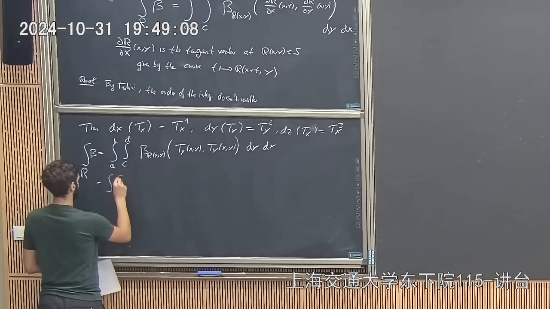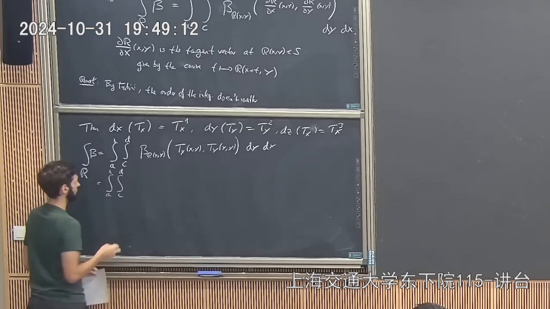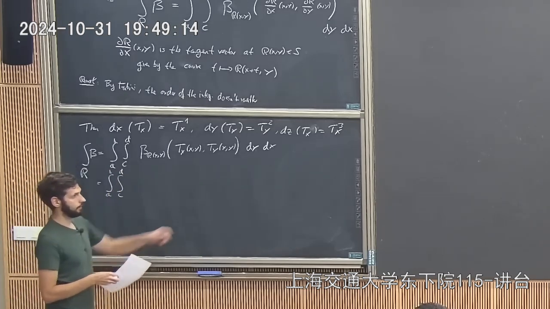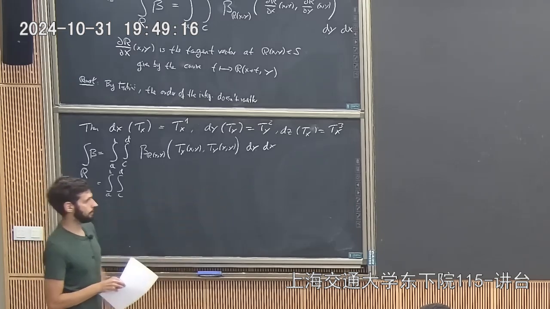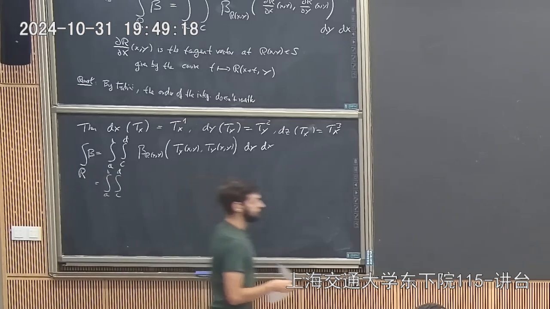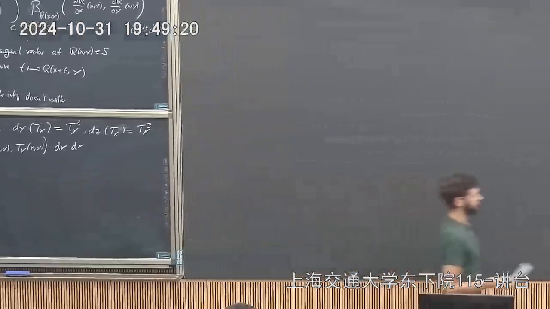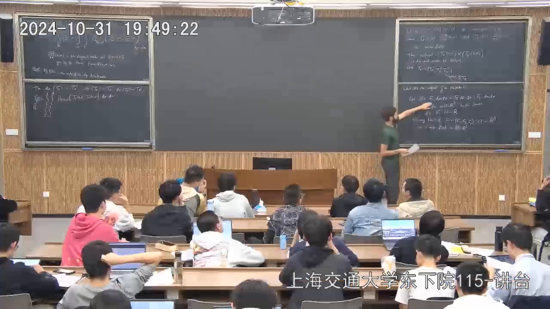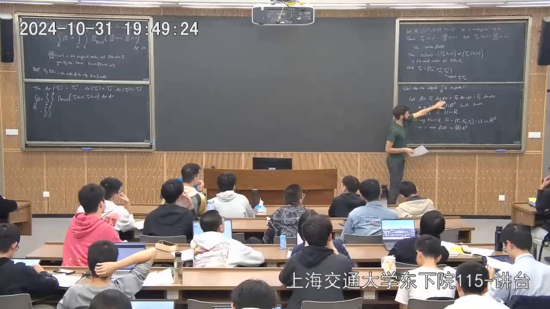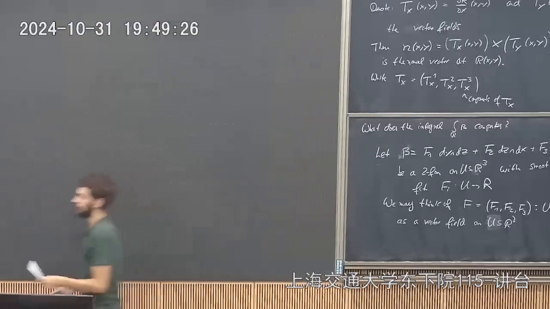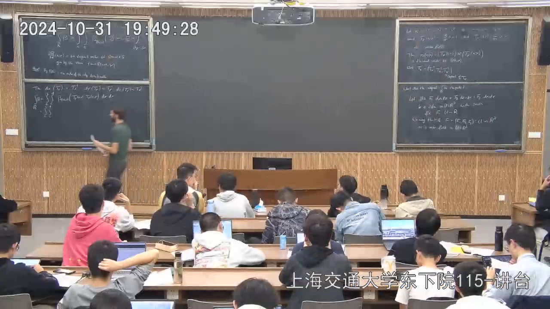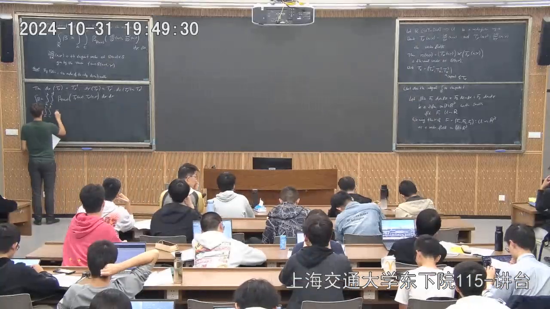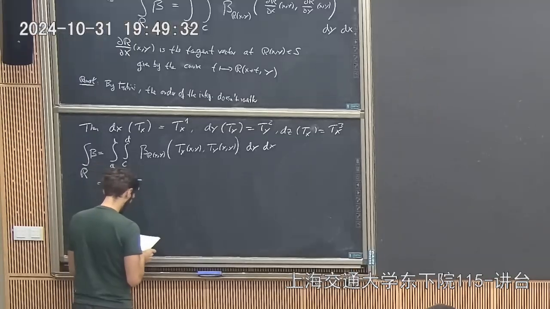So a, b, here we don't change anything. And now we just plug in this particular two-form. So it's f1 dy dz. Let me go very slowly for the first part.